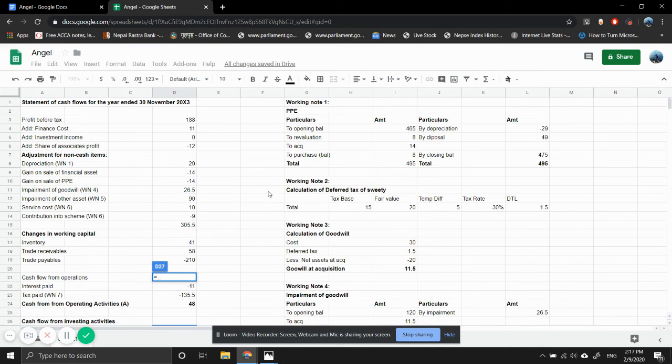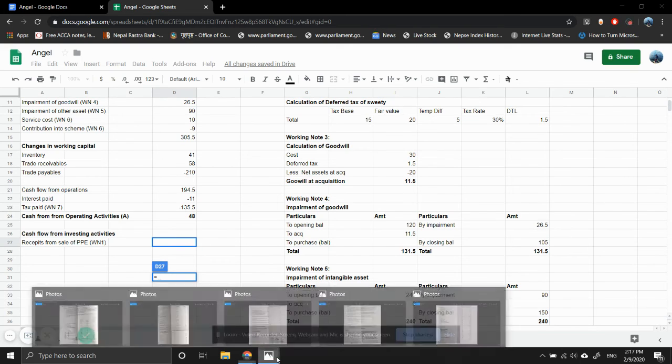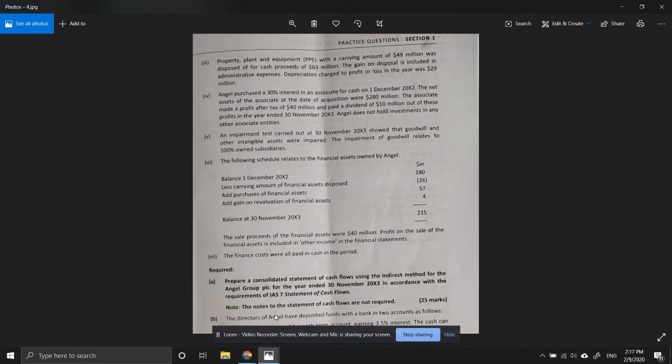How much did we receive? What was the disposal proceed? $63.